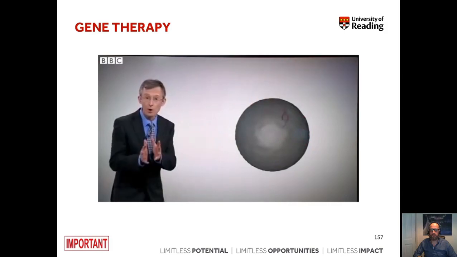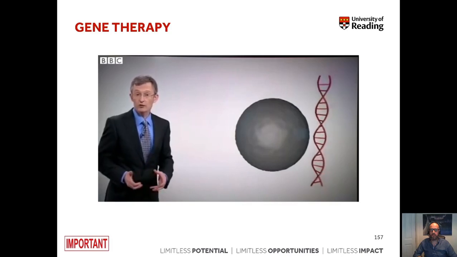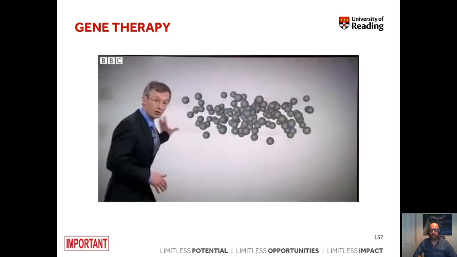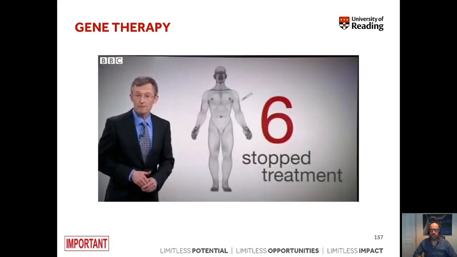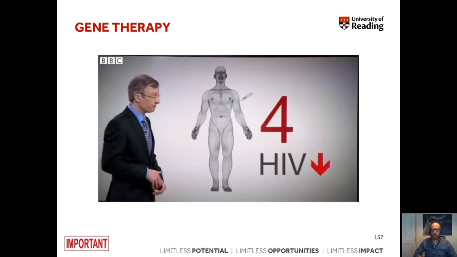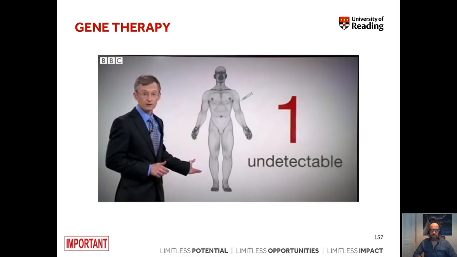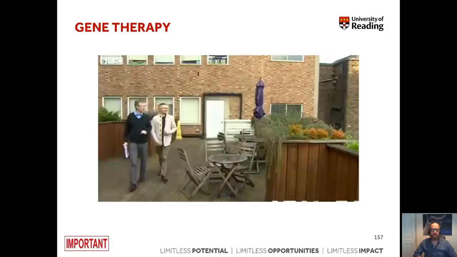The scientists modified the DNA of the patient's immune cells to mimic that rare mutation, so the virus couldn't latch on. The cells were multiplied and re-injected into 12 patients. 6 patients stopped taking their medication. In 4, the levels of HIV decreased, and in 1 patient it fell to undetectable levels. What we're looking at is not only a potential new therapy for HIV that still needs some time for development, but this is the first time this type of gene editing has been used in humans. So it can be applicable to many other diseases, genetic diseases, and so forth.